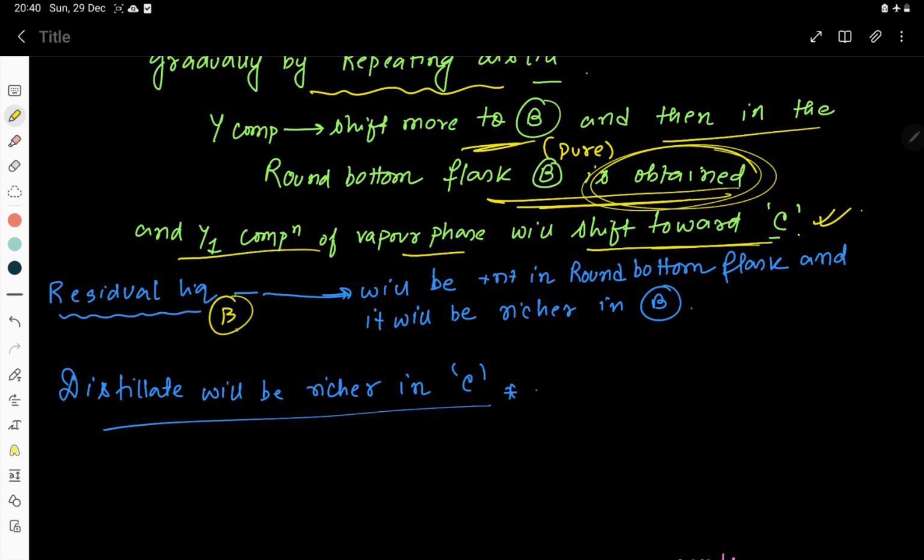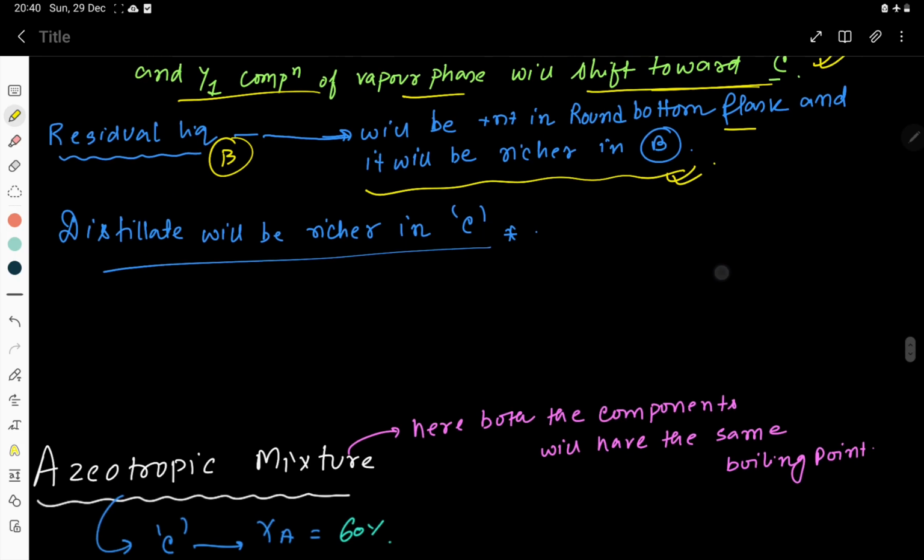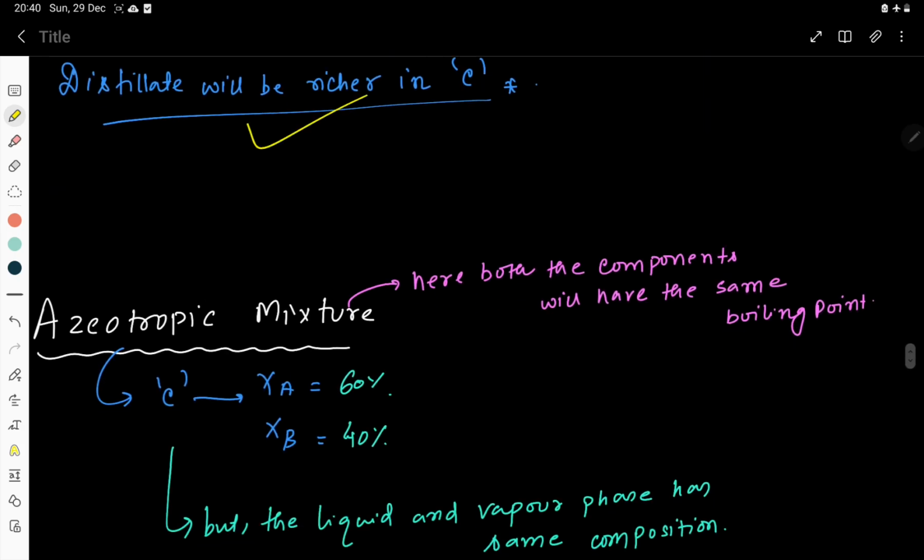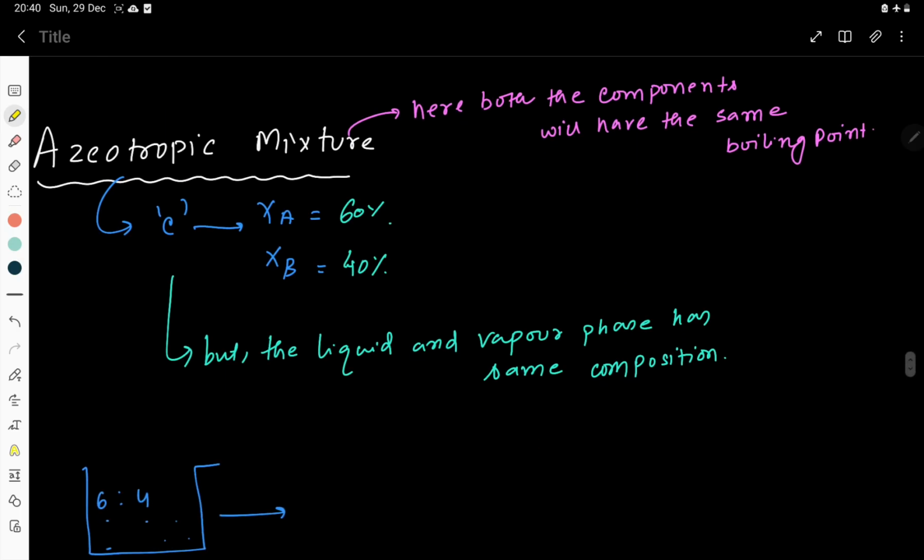It is B. It will be present in the round bottom flask and it will be richer in B. Definitely, actually it should be richer in B because it is a pure one. And distillate will be richer in C. Yeah, and this comes from the vapor phase.